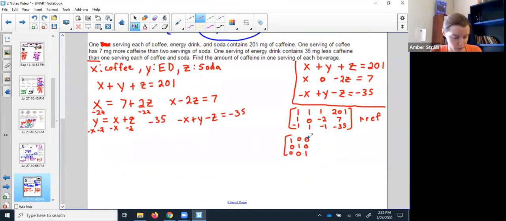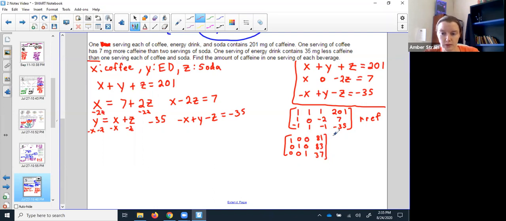Okay, find my numbers real quick. And we'll have an 81, an 83, and a 37. So again, this is why it's so important to label them in the beginning.